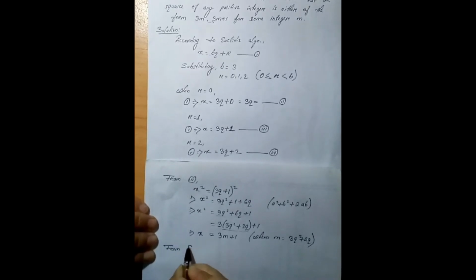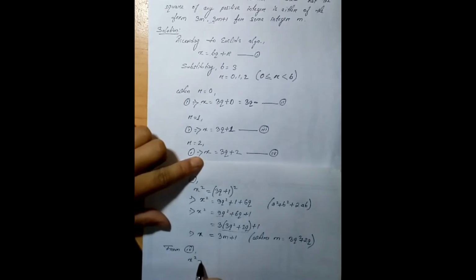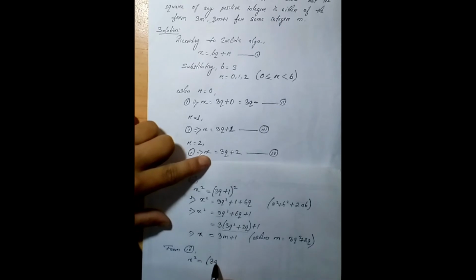From equation 4, squaring both sides, x square equals, similarly, 3q plus 2 whole square.